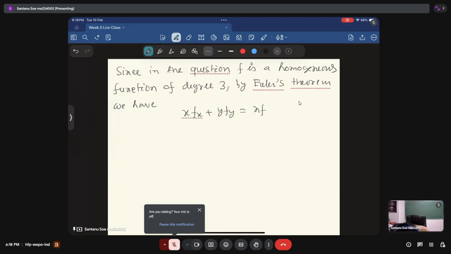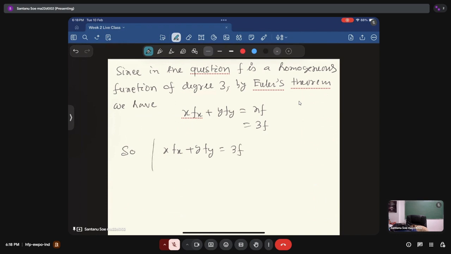Now here our n is 3, so this will be 3f. So x f_x plus y f_y should be 3f. Hence this is the answer of this question. So I hope this is clear.